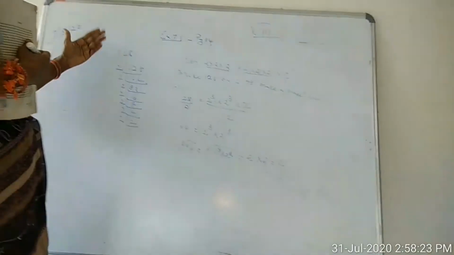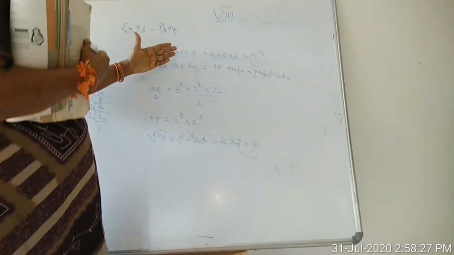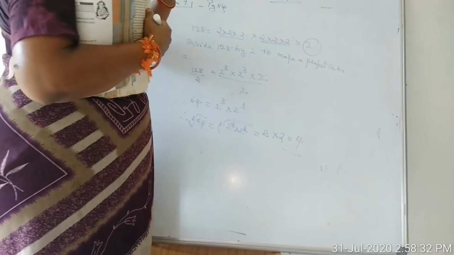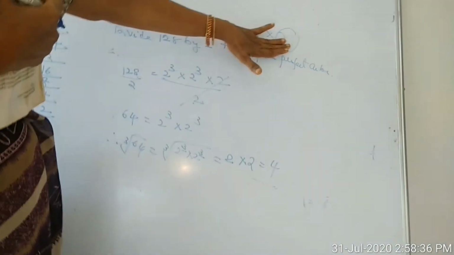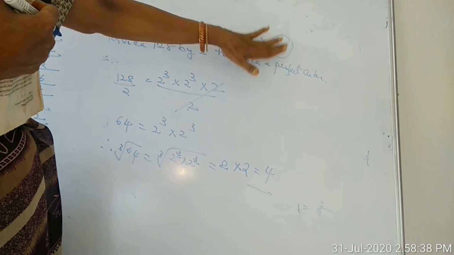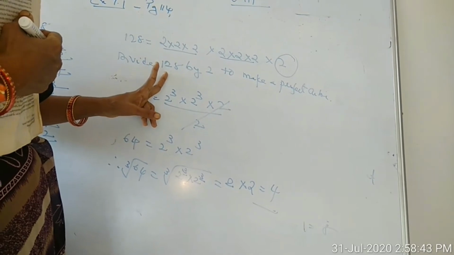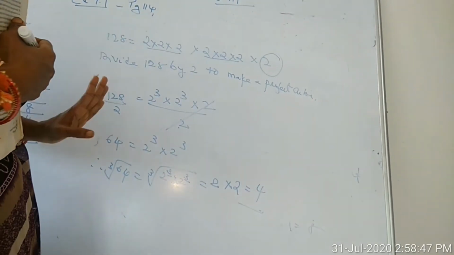Resolve the number by prime factorization and pair the factors as a group of a triplet. The first triplet, second triplet, but the last 2 is not a triplet. This 2 is extra. Divide 128 by 2 to make a perfect cube.